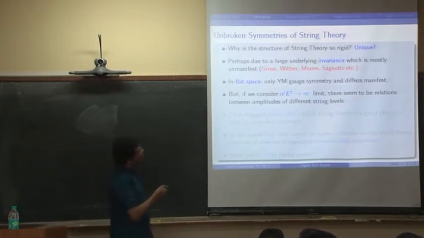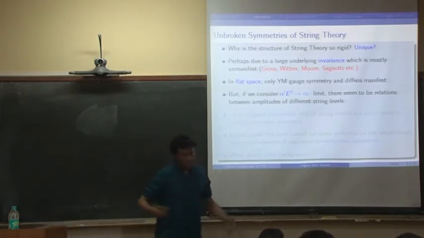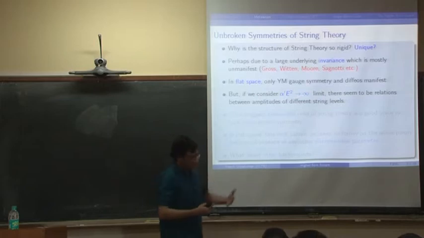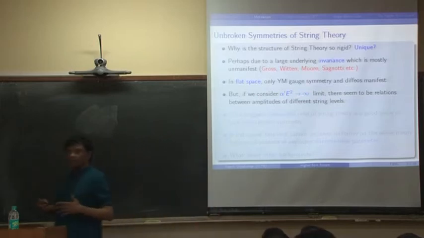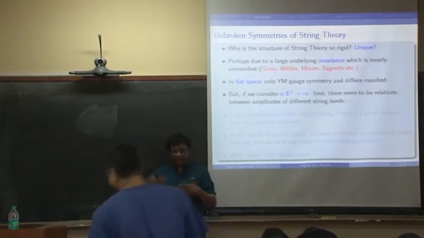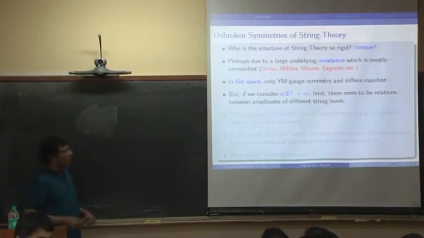considering. So if you look at this high energy limit, you find some simplification in the string scattering amplitudes involving different string levels, something that's not obvious when you just look at the individual amplitudes.